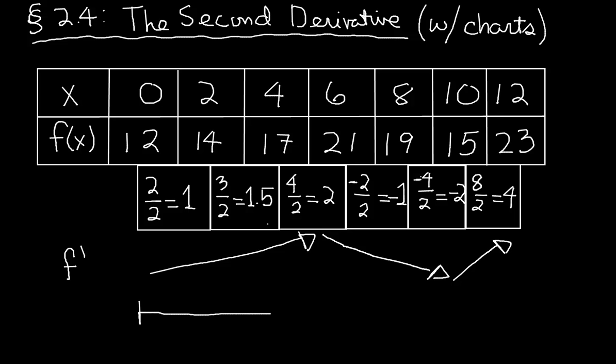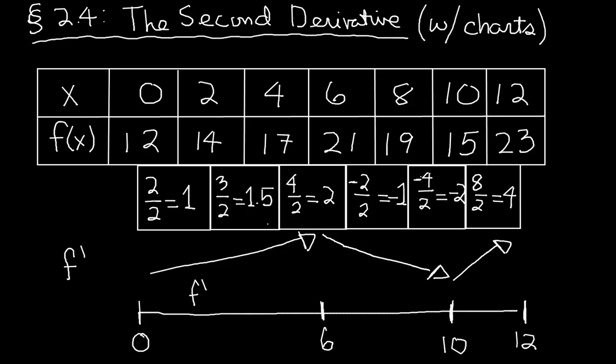Now let's just draw this number line here. On the right end we're going to put 12, on the left end we could put 0. In between we'll put 6 and 10. From 0 to 6, f prime is increasing, so that means we expect f double prime to be positive there.